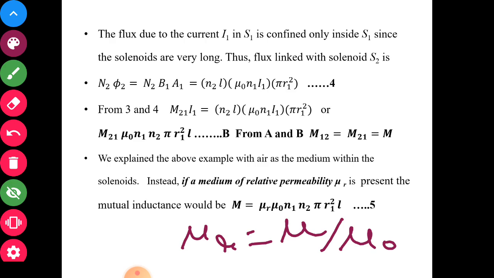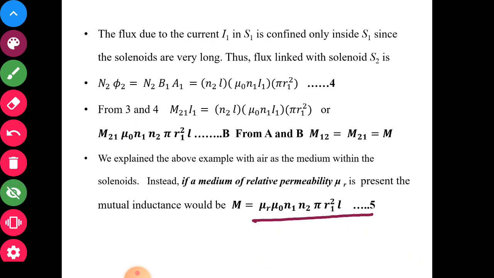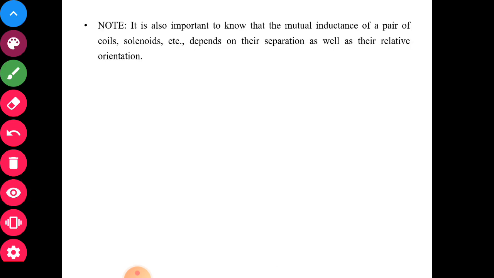So the medium will have its permeability mu equal to mu 0 into mu r. So now instead of mu 0, it should be written mu 0 into mu r. The equation will be like this: mu 0 mu r N1 N2 pi R1 square L, if you have another medium in the solenoid.